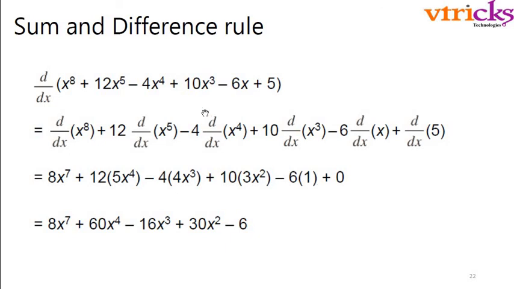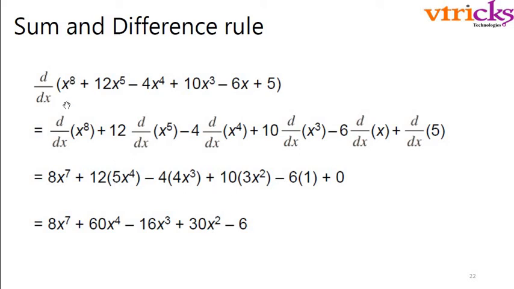So here is another example where you are using the sum and difference rule. Now the difference rule is nothing but the same as sum rule. Wherever you have a minus sign, you leave it as a minus sign. And now here I will just explain the first step, and then you can use your formula for x to the power n and verify the last two steps.